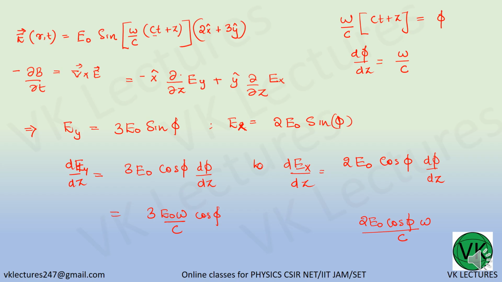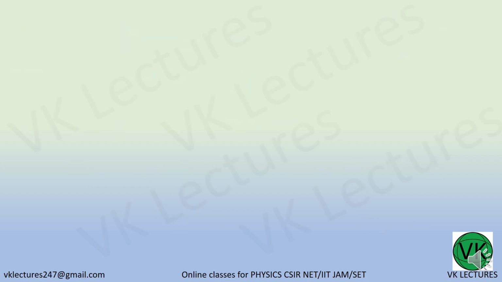Okay, now for the x component, minus dou Bx by dou t equal to minus 3 E naught omega by c into cos phi.